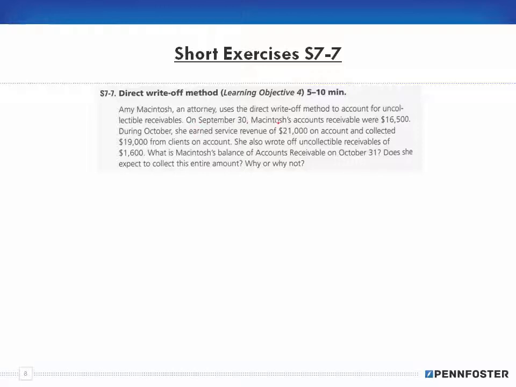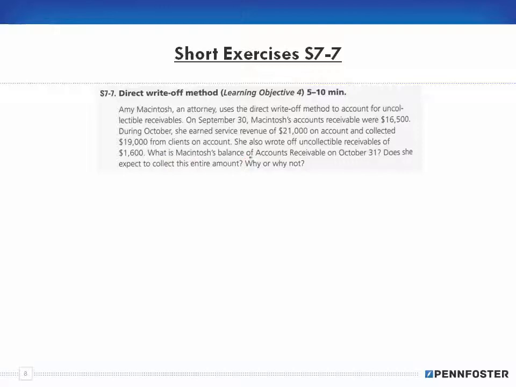On September 30th, McIntosh's accounts receivable were $16,500. During October, she earned service revenue of $21,000 on account and collected $19,000 from clients on account. She also wrote off uncollectible receivables of $1,600. So that's all the information that we're getting.